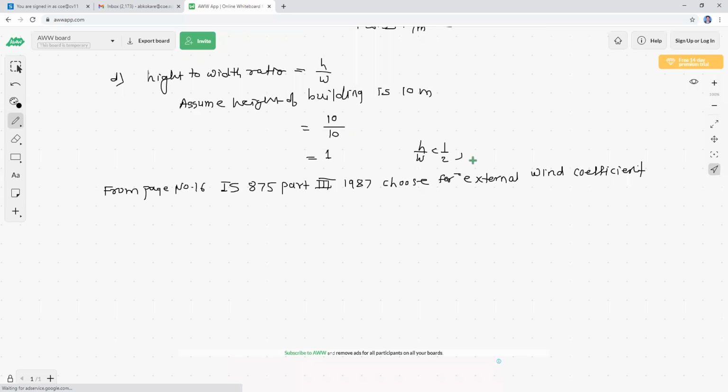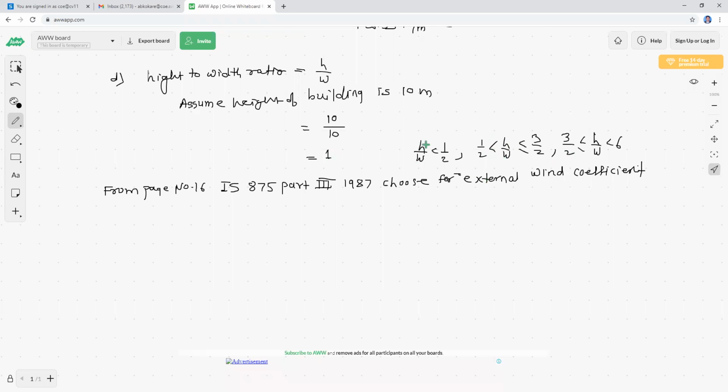Second row is 1 half less than H by W less than or equal to 3 by 2. Third is 3 by 2 less than H by W less than 6.